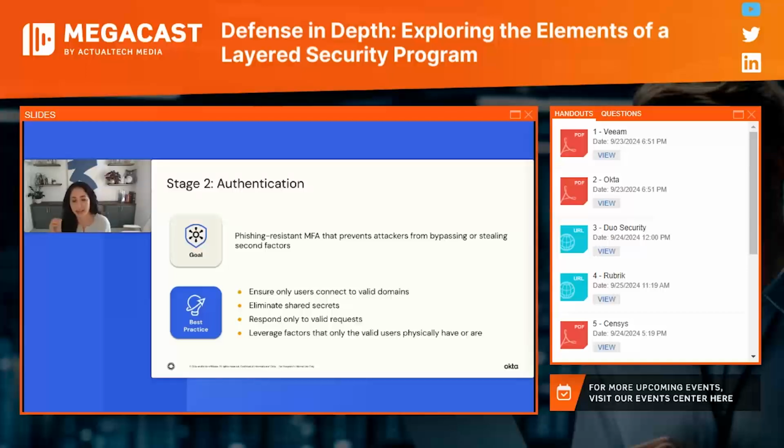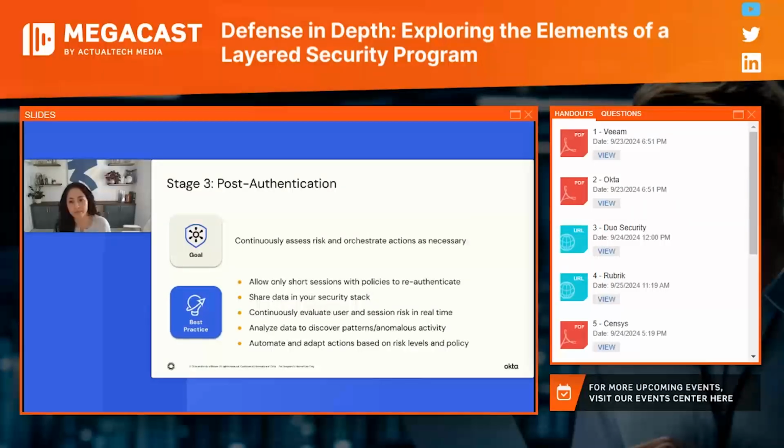And again, speaking more specifically to phishing-resistant MFA, this means leveraging factors like hardware keys or biometrics. So things that only the valid user might have physically on them or might be themselves as individuals, all of which is done in order to validate that they are who they say they are.